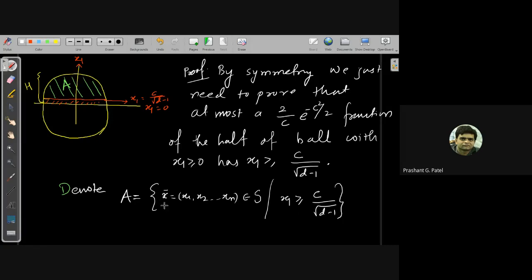So it is the set of all points which satisfy this condition. That means all those points which lie here.